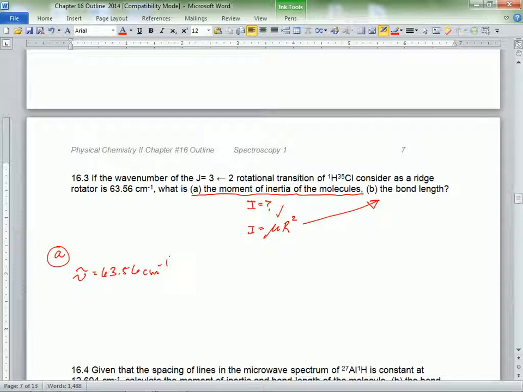This energy difference between states, I know it's in wave numbers, but it's an energy difference. You can calculate joules if you wanted. This energy difference is equal to what? 2BJ. That's equal to 2BJ. And what are you going to plug in for J? 3.